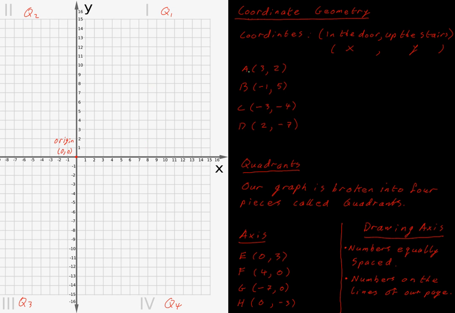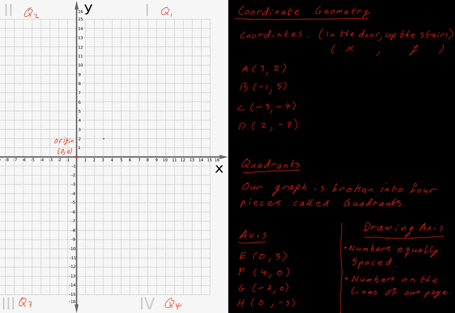Now, if we put it into practice, point A is at x is 3, y is 2. Let's follow what I said. We start at the origin, at 0, 0, and we go in the door, side to side, plus 3 along, and then up the stairs 2.